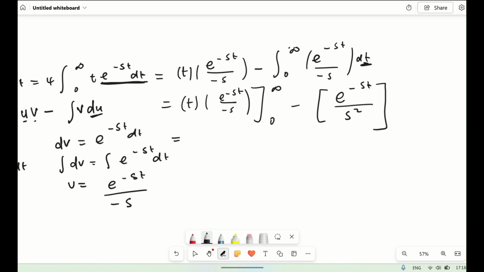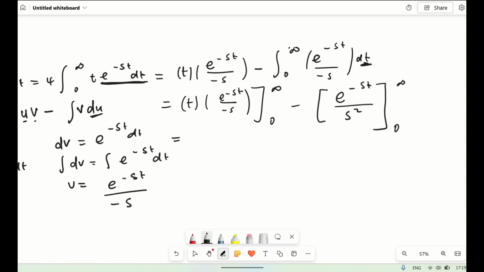Now this ranges from 0 to infinity, right? And we're going to substitute our t with what's on the top minus what's on the bottom. So it's going to be infinity minus whatever answer we get when we substitute 0.